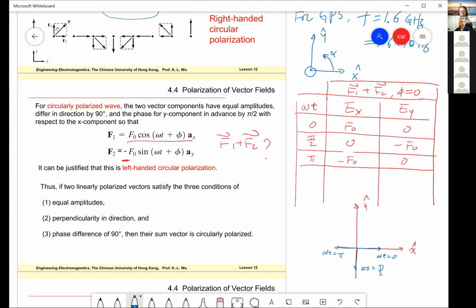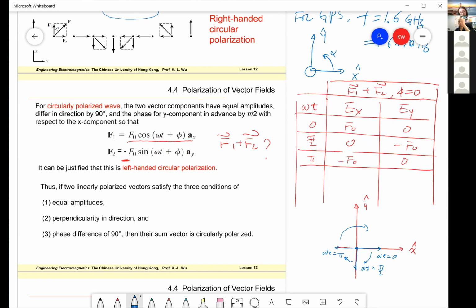Do I need to continue, or is it already enough? You can calculate the 100 points, or you can calculate 2 omega t point, right? You can say this is left hand, right?